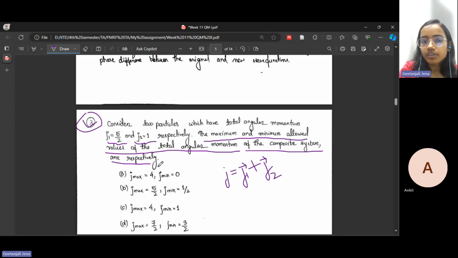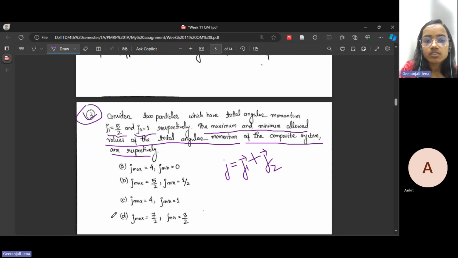J1 and J2 are already given to you. One is 5 by 2, the other one is 1. So the maximum value of J will be 5 by 2 plus 1, which is 7 by 2. And the minimum value of J will be 5 by 2 minus 1, which is 3 by 2. So the answer will be the fourth option, J maximum equal to 7 by 2 and J minimum equal to 3 by 2.